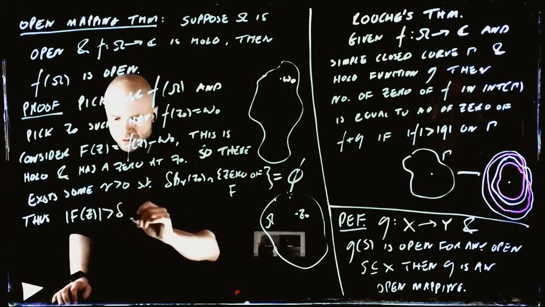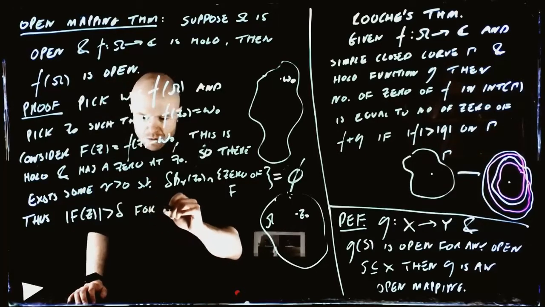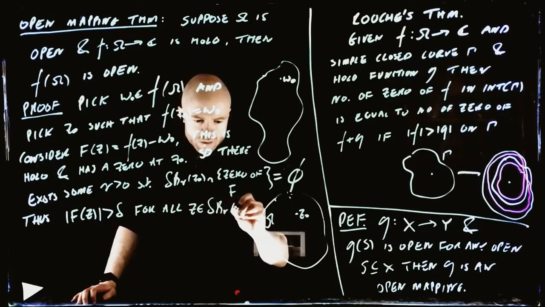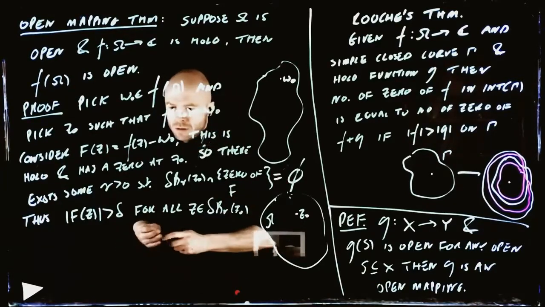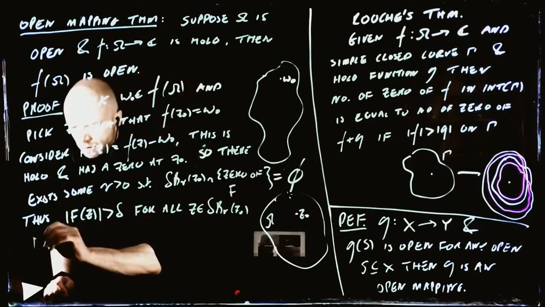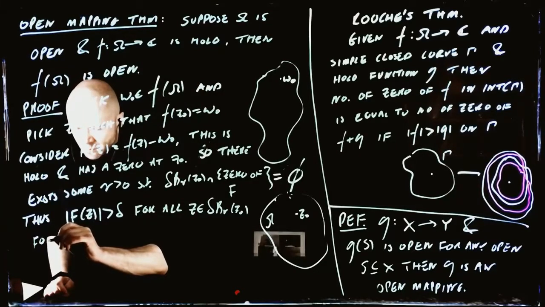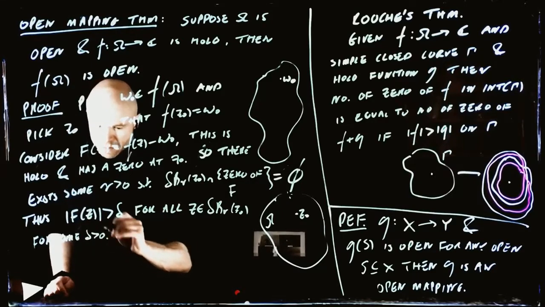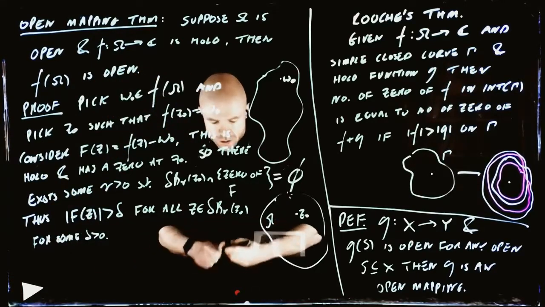the absolute value of F is bigger than delta for all z belonging to the boundary of the ball of radius r around z0, for some delta. Doesn't matter how small it is. Right, so what have we got?